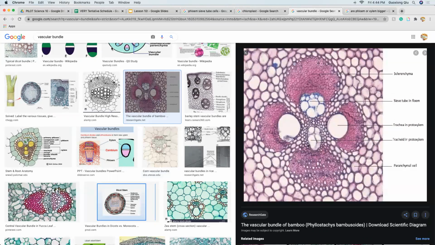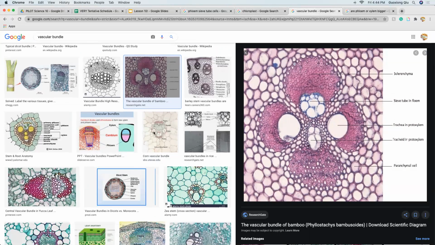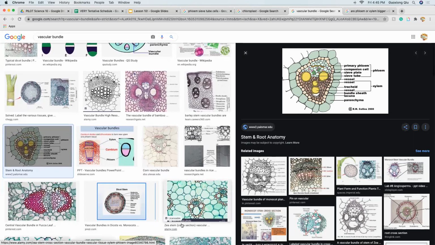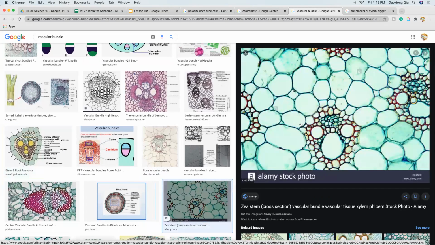Now, the arrangement of xylem and phloem in the vascular bundle differs between plants. Here we go, this is a better image. Primary phloem. So we have phloem that's small, and then we have the xylem that's kind of spread around. Depending on the plant, this is an example of a vascular bundle.